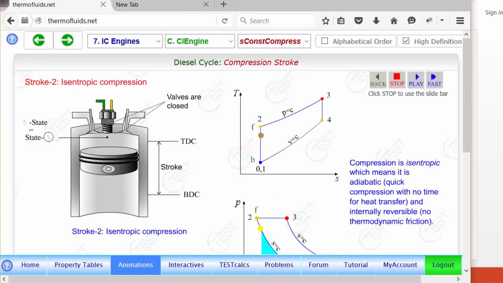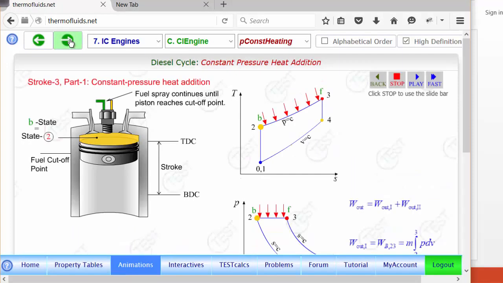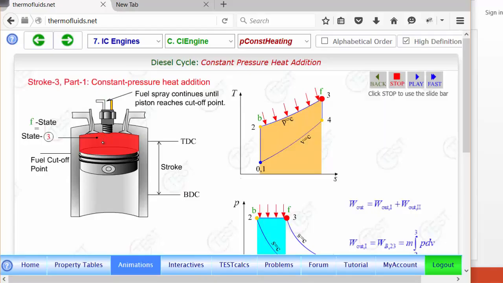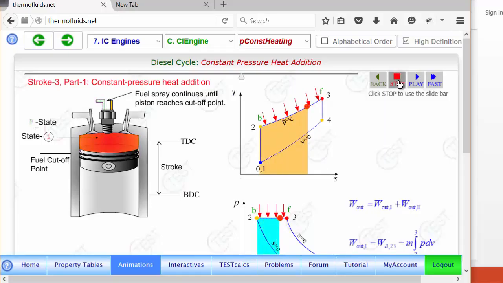Going back, after the compression stroke, fuel is sprayed, and as the fuel is sprayed, it starts burning because the temperature is so high at state 2 that the fuel immediately starts burning.